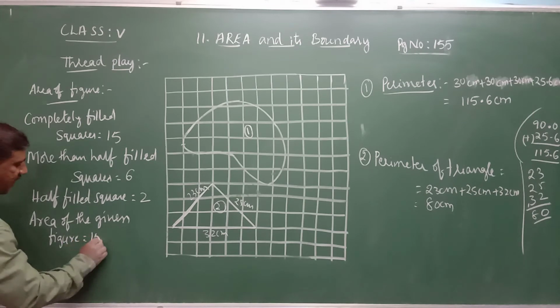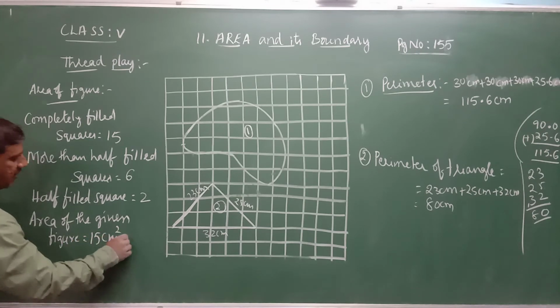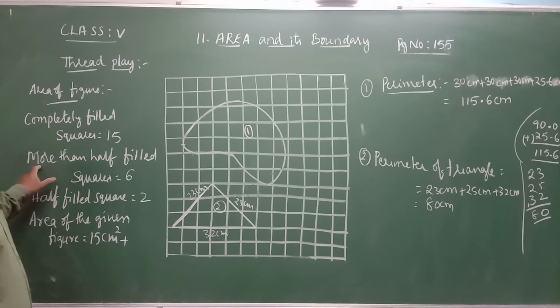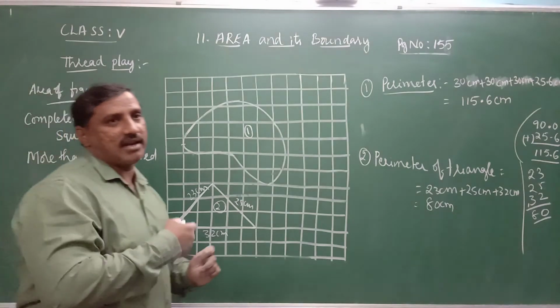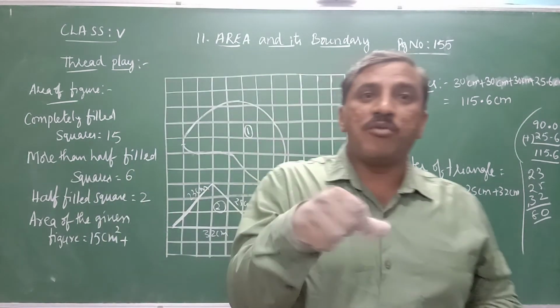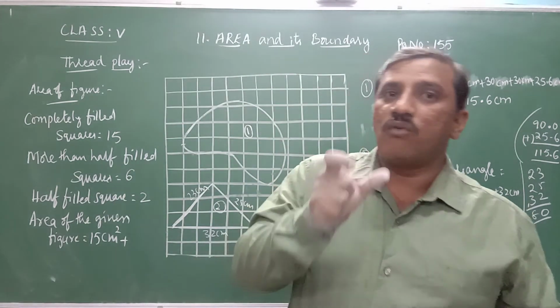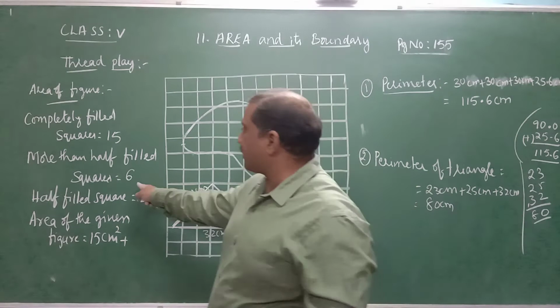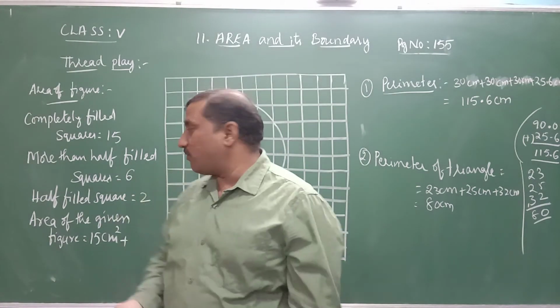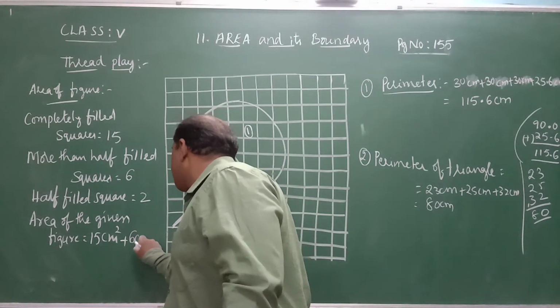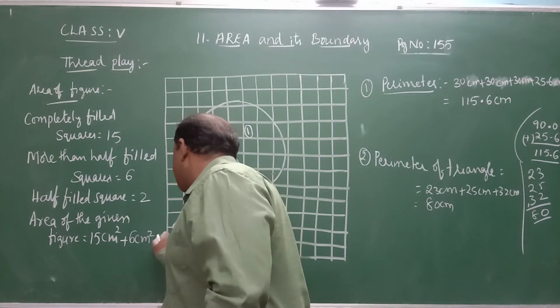That is 15 centimeter square, plus you treat more than half filled squares also as 1 complete square. Therefore here 6 squares are there more than half filled. Therefore their area will be 6 centimeter square.